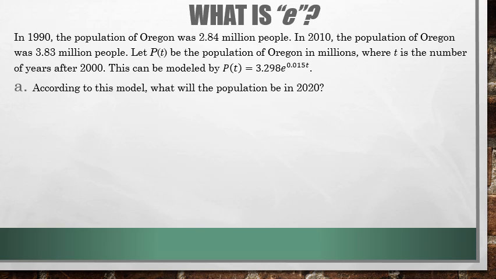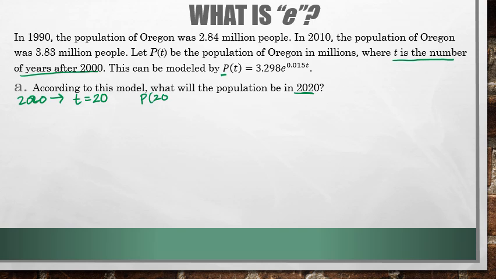So we're solving for P in the year 2020. Now t was the number of years after 2000, so our t value for 2020 is 20.